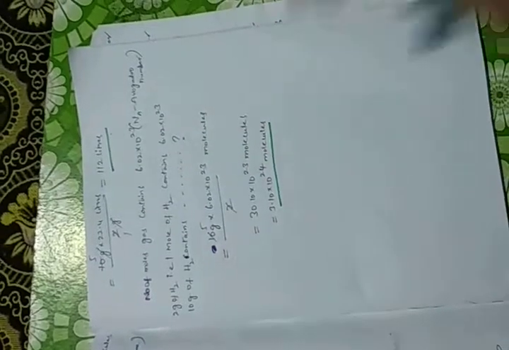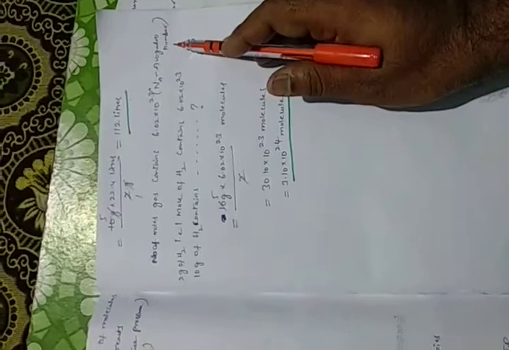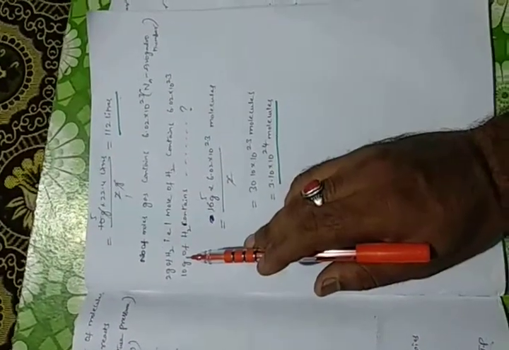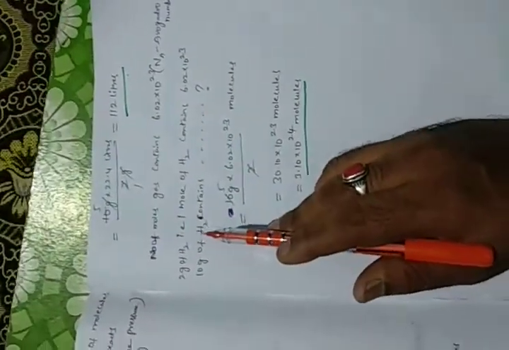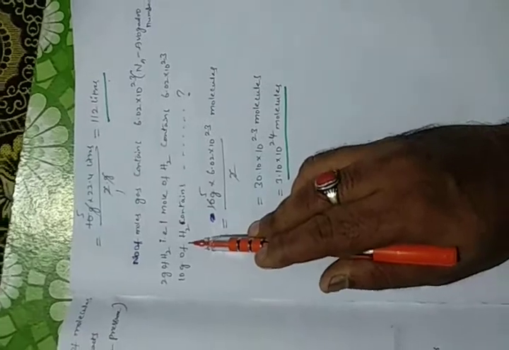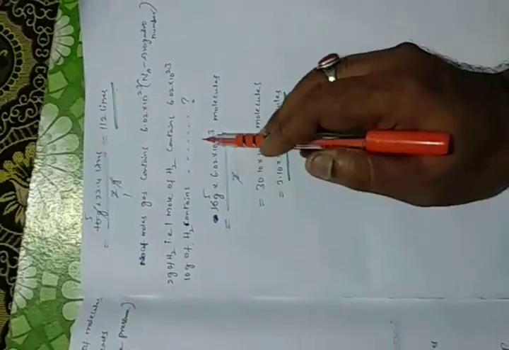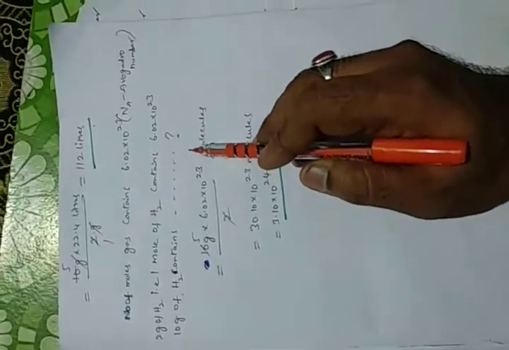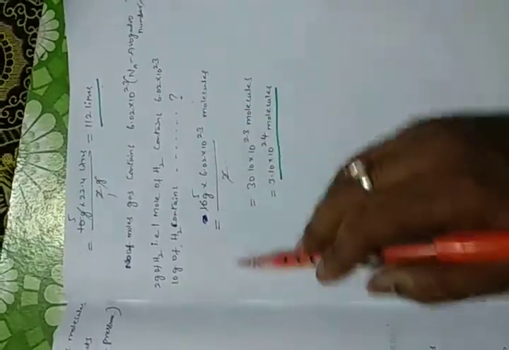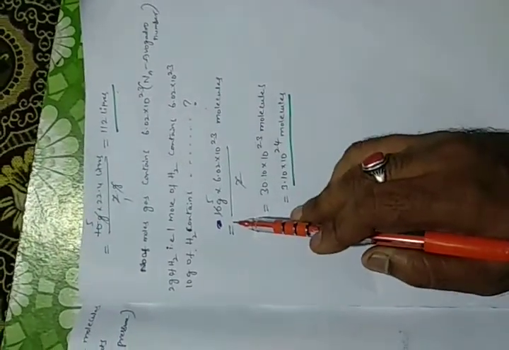One mole of a gas contains 6.02 into 10 to the power of 23, Avogadro's number. 2 grams of hydrogen, that means 1 mole of hydrogen, contains 6.02 into 10 to the power of 23 molecules. 10 grams of hydrogen contains how many?